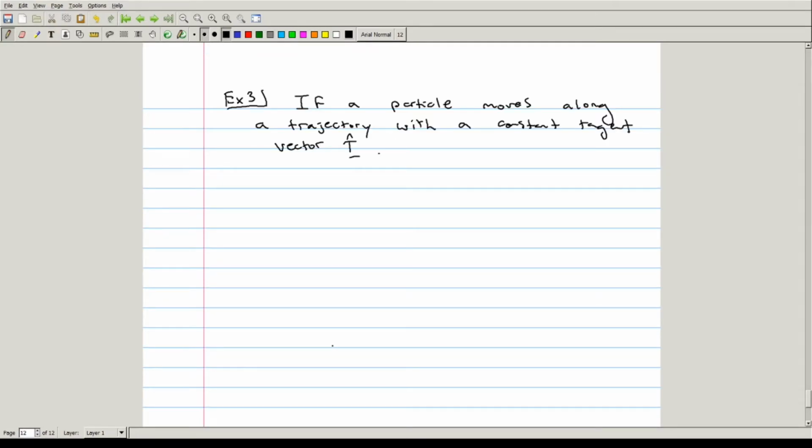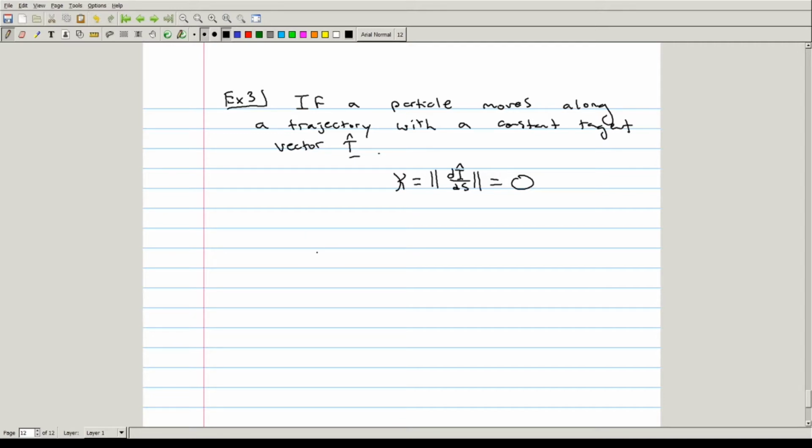And if this is the case, then we can immediately say that the curvature is 0, because the curvature is just the magnitude of the rate of change of the unit tangent vector with respect to arc length. And if this is constant, then this is equal to 0.